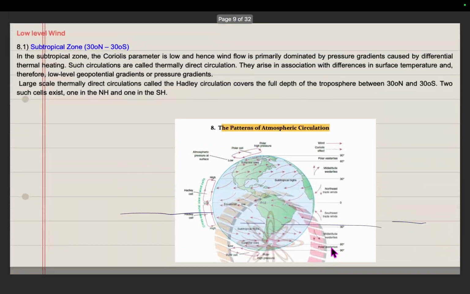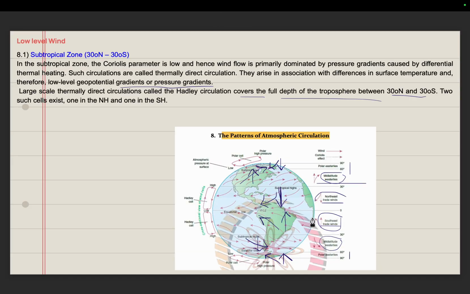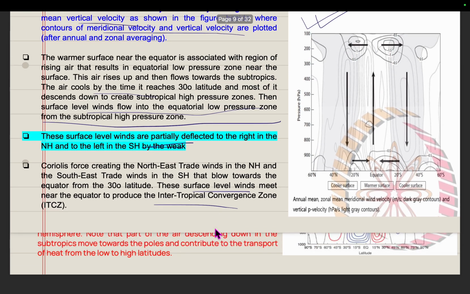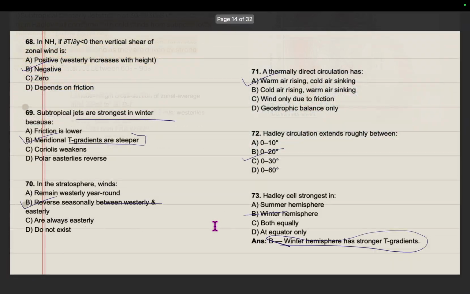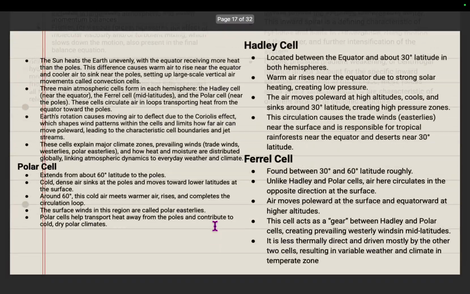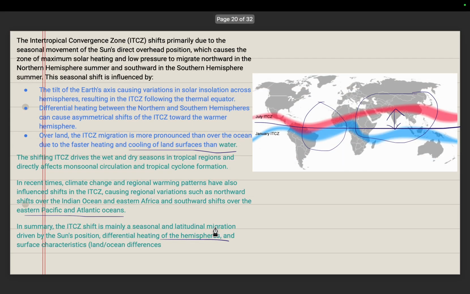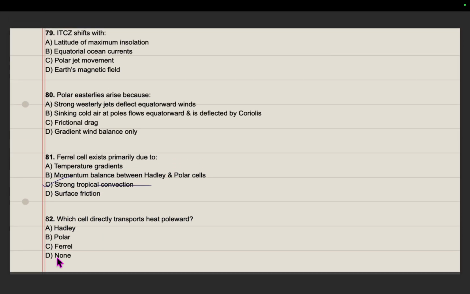This should be along the zero, but it is not along the zero. Differential heating of the land mass and the ocean affects this.